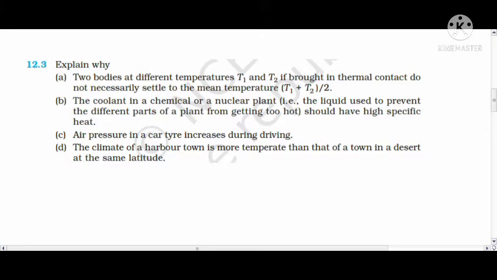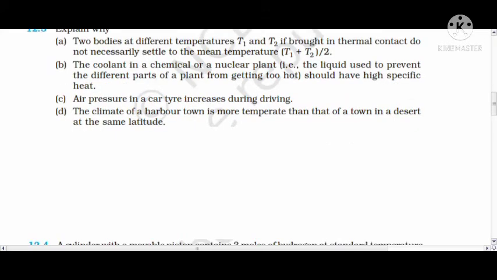We know that for heat absorbed or heat lost by a body, we have the formula Q is equal to ms delta T, where m is the mass of the object, s is the specific heat, and delta T is the change in temperature. Therefore, the heat absorbed or heat lost depends on mass of the object and specific heat of the object.